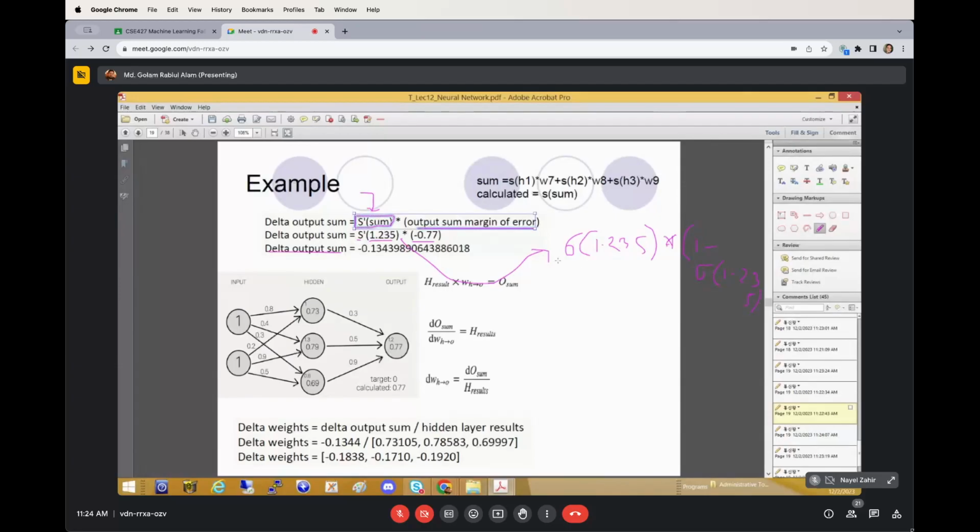We have already calculated the sigmoid of this sum, and that is 0.774. So it will be 0.774 times 1 minus 0.774. If we put those values here, then we will get this. Okay, so this is our delta output sum, or sometimes we call it delta sum.